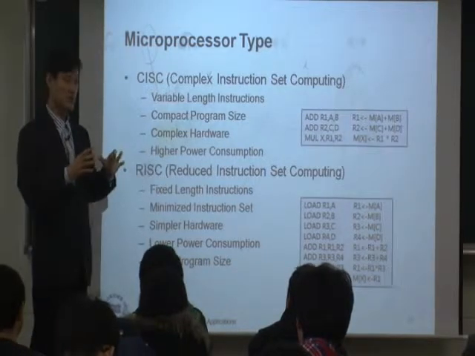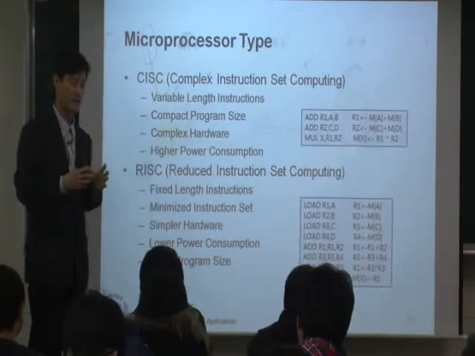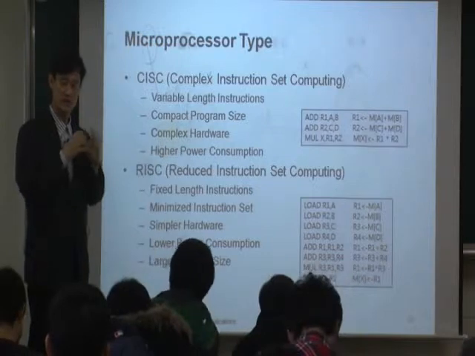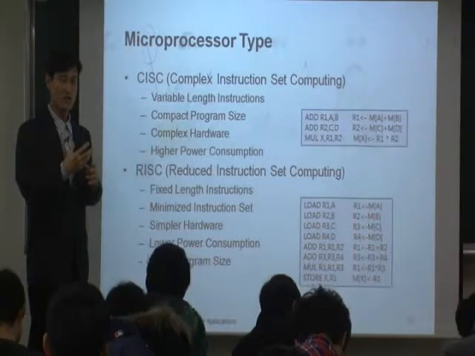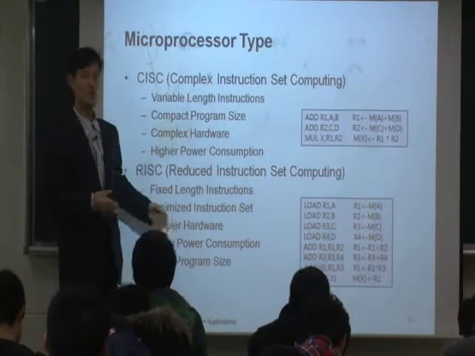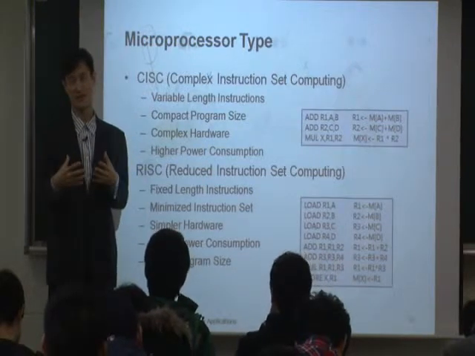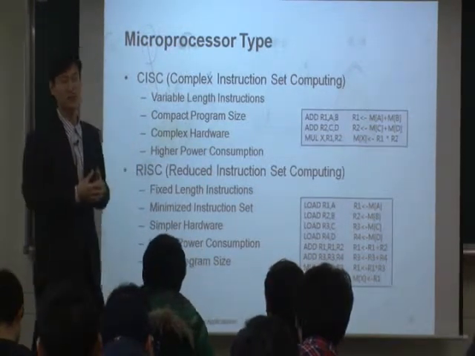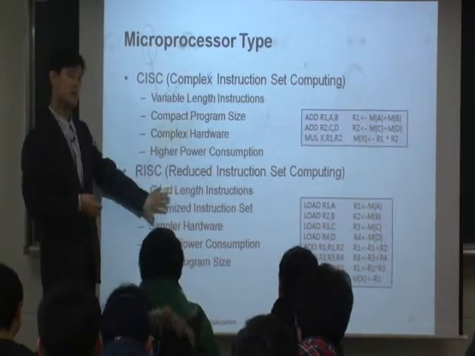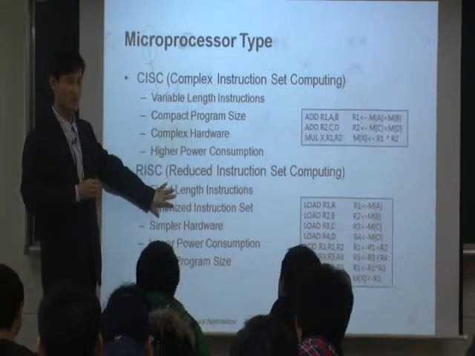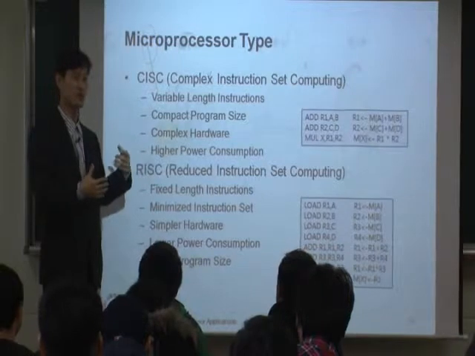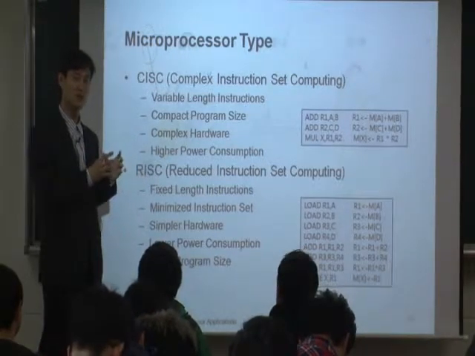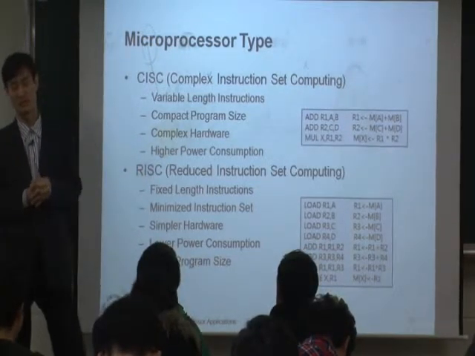So the RISC processor only has basic functions: addition, subtraction, load, store. Then, let's say you want to do multiplication. Then how can you do it? This one has no multiplication instruction. You only have addition, subtraction, things like that, right? Only the basic ones. Then how can you do multiplication?